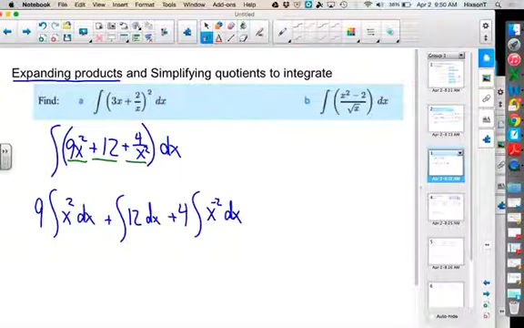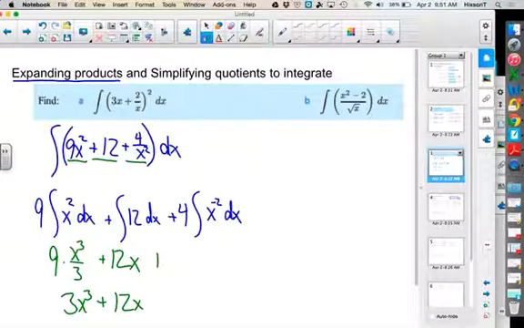So now we have 9 times, what's the integral of x squared? 1/3 x cubed, okay? So now we have a 3x cubed. What's the integral of 12? 12x, okay? So we'll bring that down. And then plus 4 times the integral of x to the negative 2.